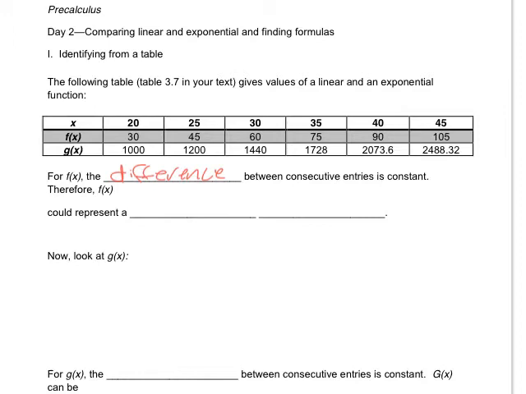So this could represent a linear function, because my increase is constant. So that's easy enough. We know how to do that. If you were to plot those points, you would get a line because the slope is constant.